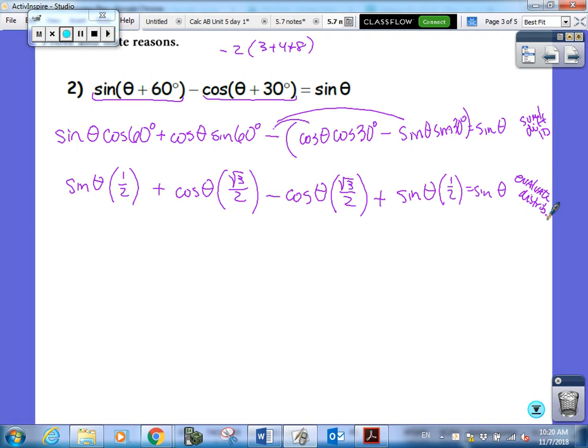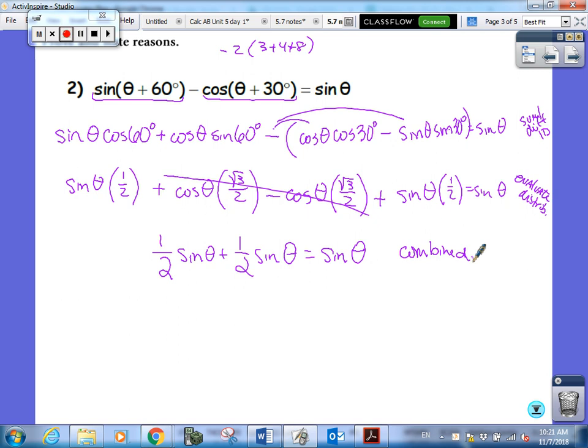But before I do that, I'm going to look and see, is there anything I can get rid of? Yep, because that's 0. So I added those, subtracted those, that ends up being 0. So I'm going to rewrite this as 1/2 sine theta plus 1/2 sine theta equals sine theta, and it's because I combined, add, subtract.